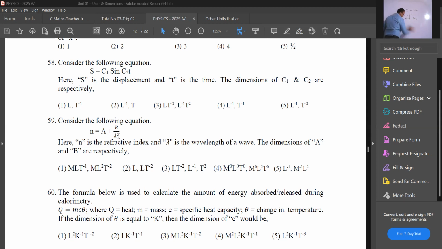How to do that? Please tell me. Question number 59. What is the answer?